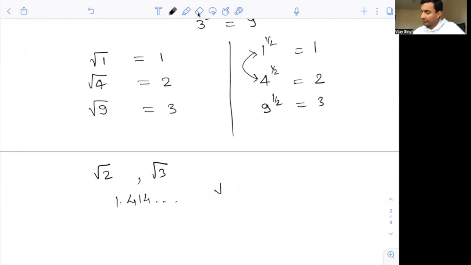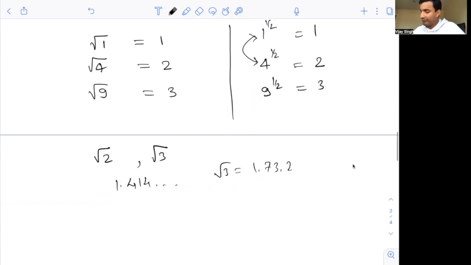Similarly, square root of 3 is 1.732 and so on. So there are certain numbers which, if you represent in terms of decimal numbers, they will always have some other value.